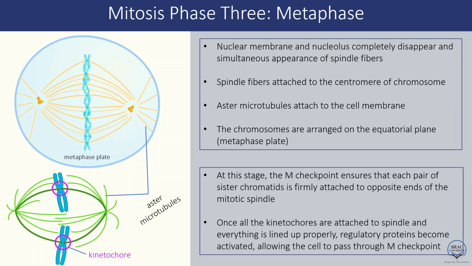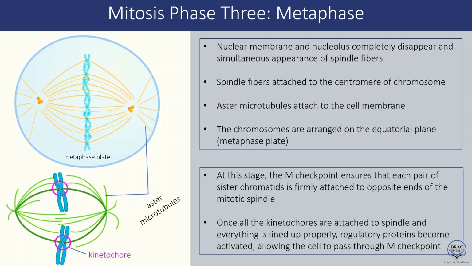The homologous chromosomes are in line at the metaphase plate, and in this phase the checkpoints mainly check for the kinetochore. The kinetochore needs to be firmly attached to the centromere. Sorry, not centromere. The spindles mainly need to attach to the kinetochore firmly.